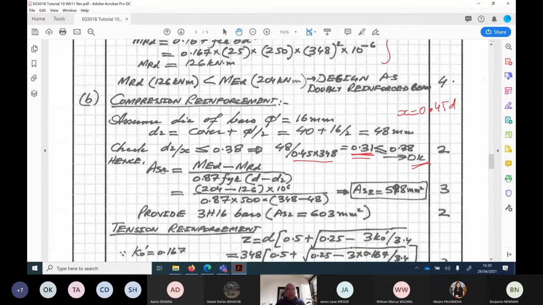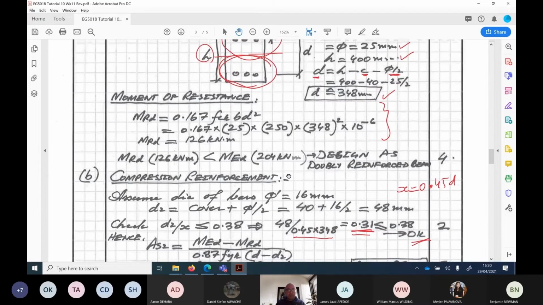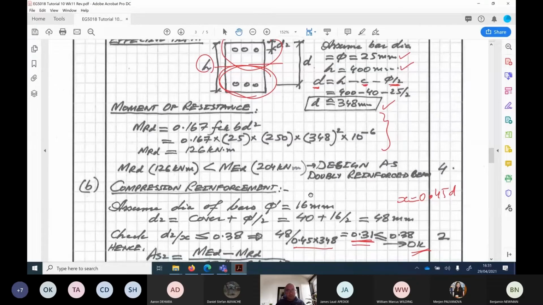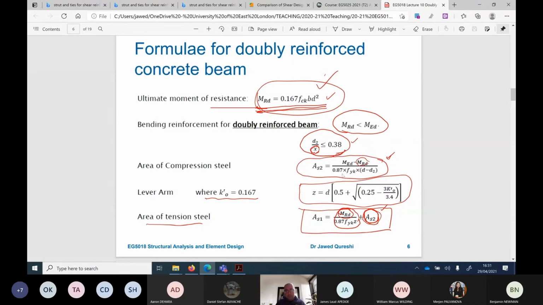And then we have to determine AS2. AS2 means compression reinforcement, that is, the one we provide at the top in a simply supported beam. Again, I'm using these values.